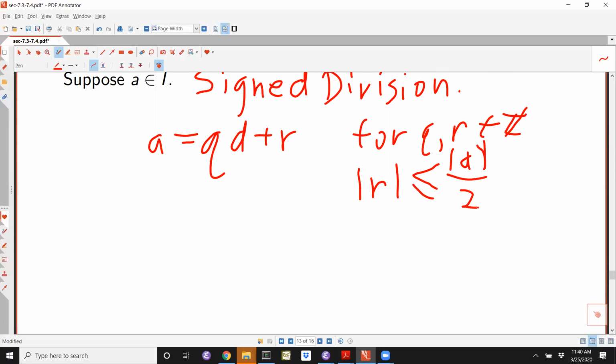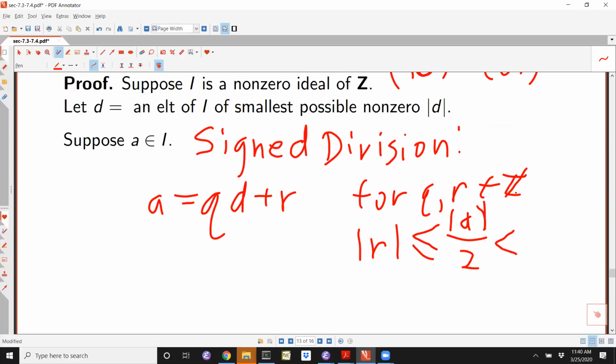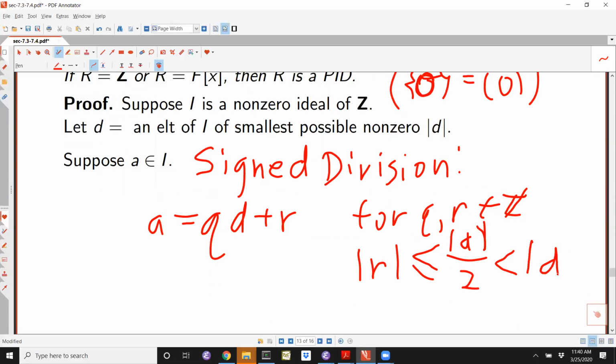The over 2 isn't that important. The important part is that the absolute value of r is strictly less than the absolute value of d. So I hope everybody remembers this. If you're watching this on YouTube, this would be a good time to pause the video and go back and look at the Signed Division Theorem in the book.